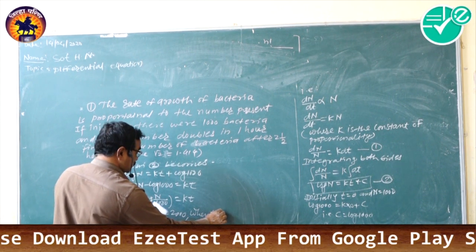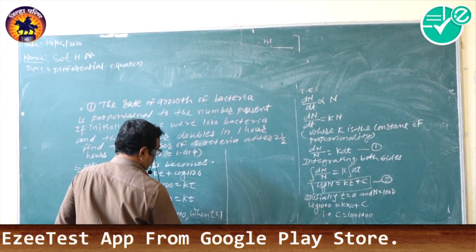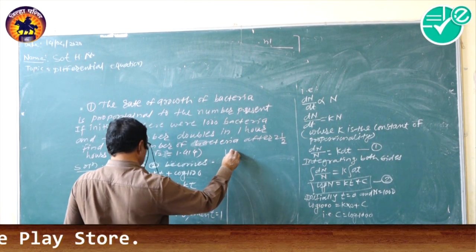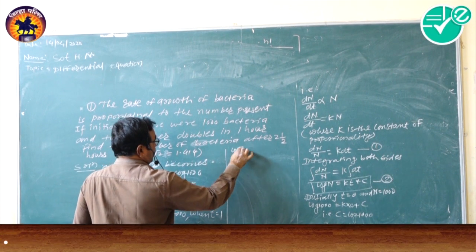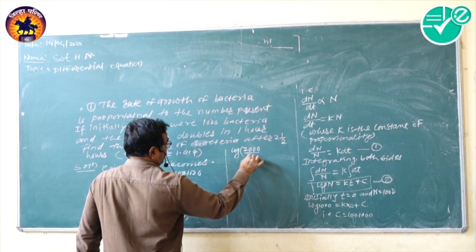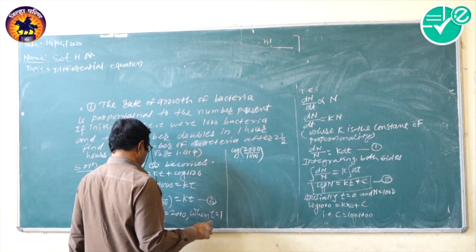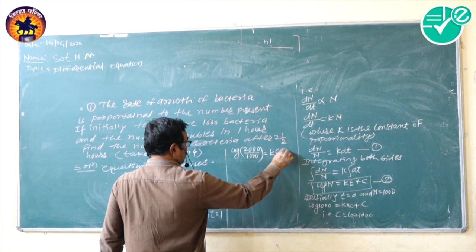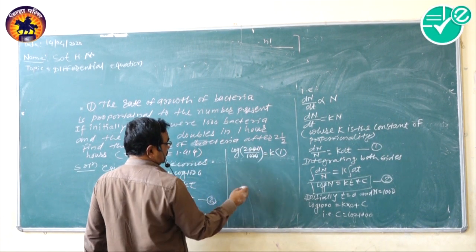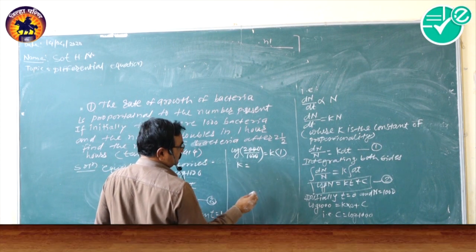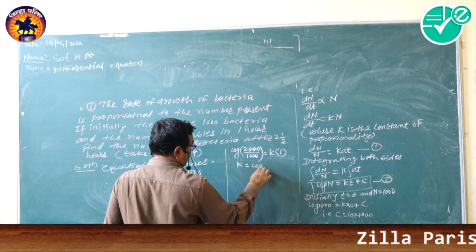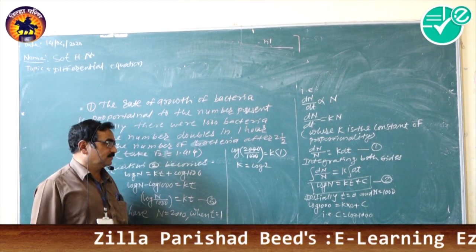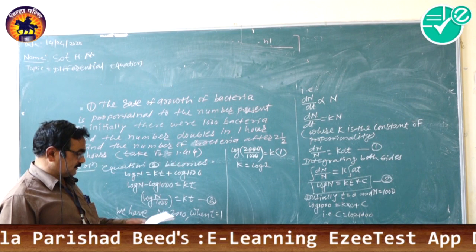When t equal to 1, then log of 2000 upon 1000 equal to k into 1. This becomes k equal to log 2. We get the value of k. We find the value of k and c.